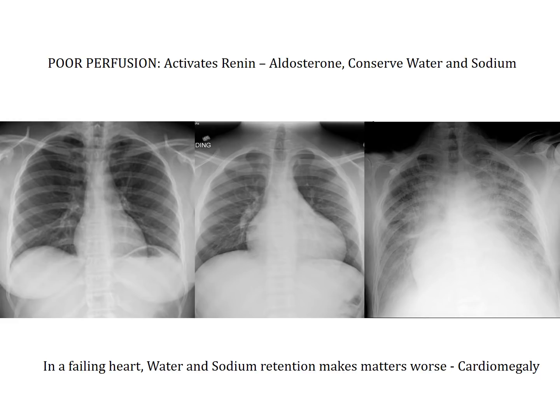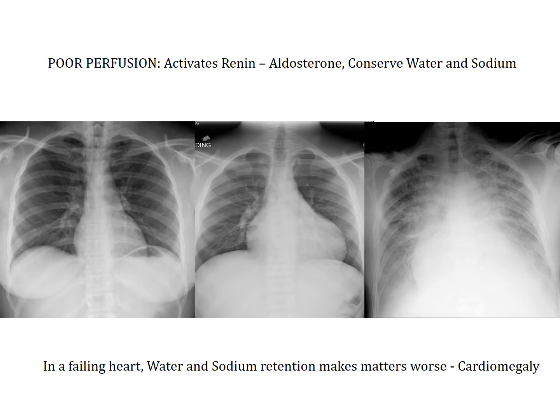Well, the problem goes back to the renin-aldosterone system. You have an individual who starts to develop poor perfusion due to heart disease. Poor perfusion then is a stimulus to activate renin and aldosterone.